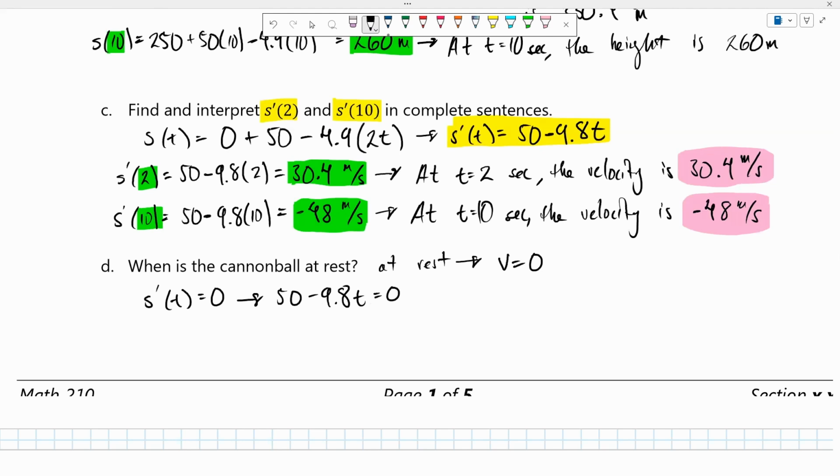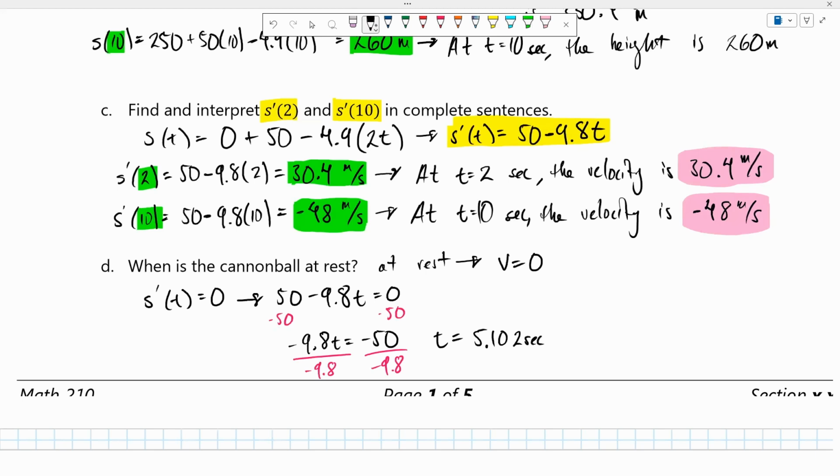We can solve this out. So, and I'm going to do it in my hot pink. Minus 50, minus 50. Negative 9.8t is minus 50. I can divide by negative 9.8 to get t by itself, right? And I get left with t is equal to 5.102 seconds.